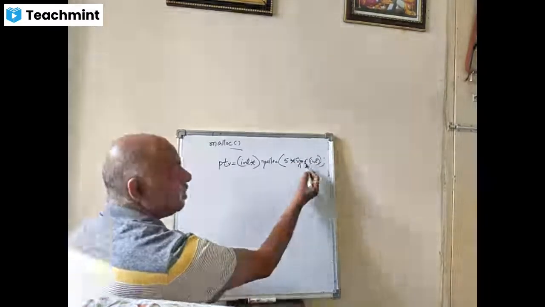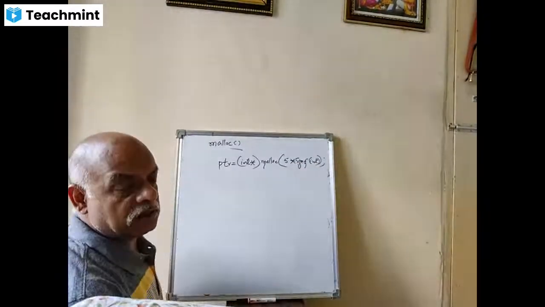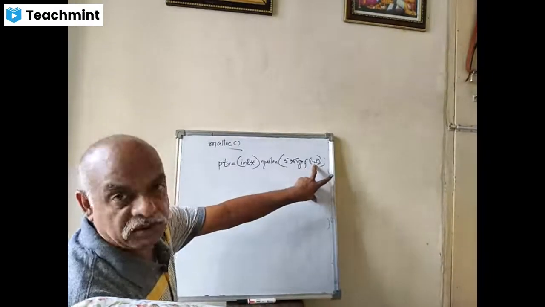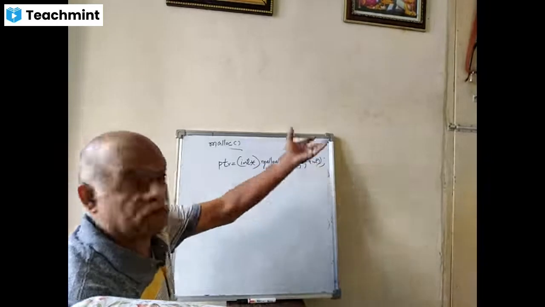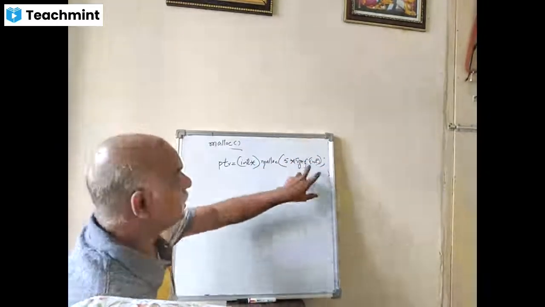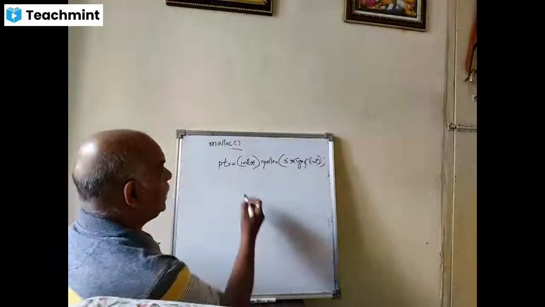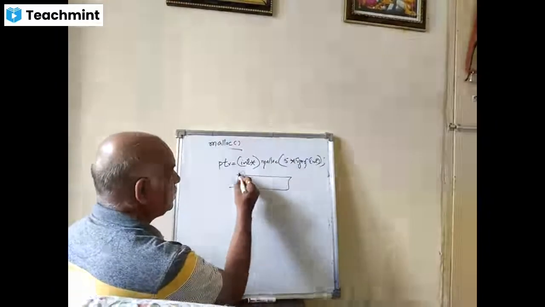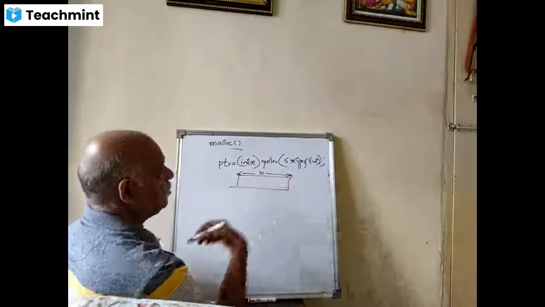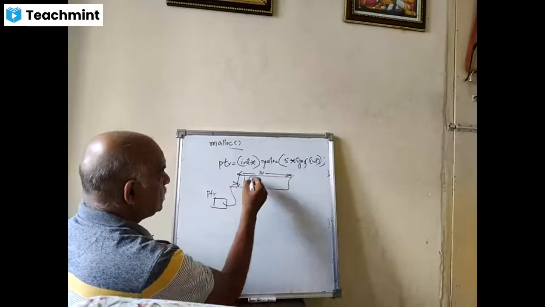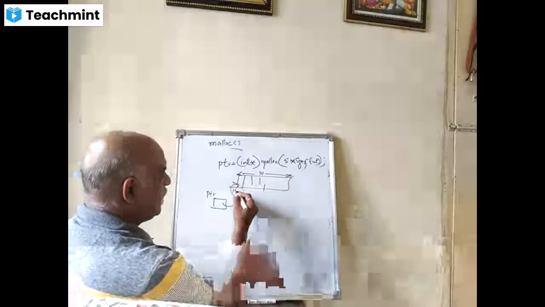So what is the sizeof operator? It returns the capacity of an integer, based on the compiler that you are using in your system. Suppose it is 2 bytes, 2 into 5, so a 10 bytes block. It returns 10 bytes, and PTR is pointing to the first byte of the block having some address.